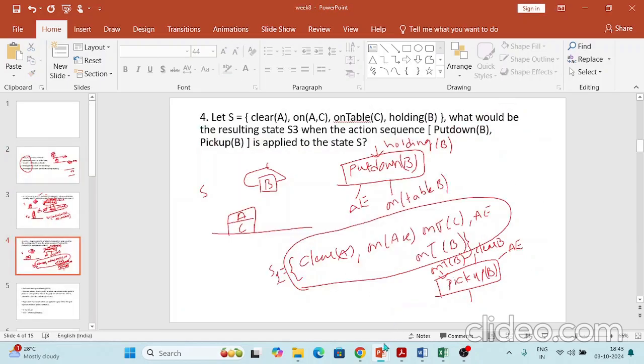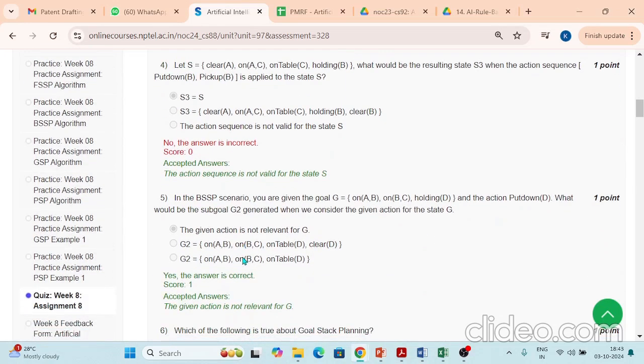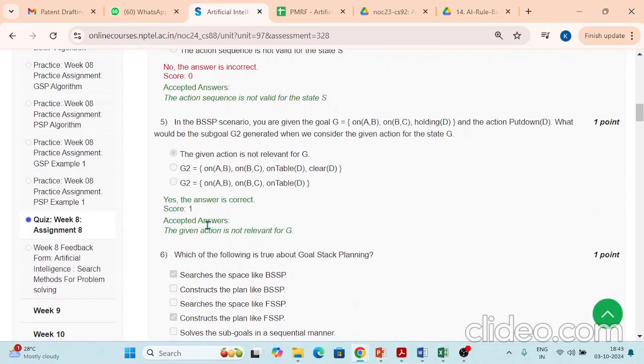Next, we'll go for the next question. In the BSSP scenario, you are given a goal. Backward search, the goal is given and the action put down D. What would be the sub goal G2 generated when we consider the given action for the goal state?